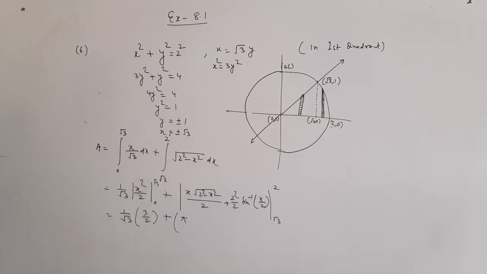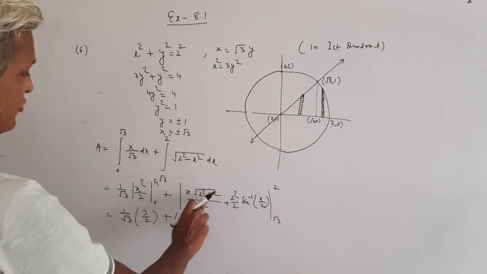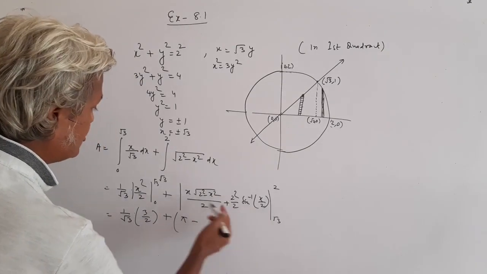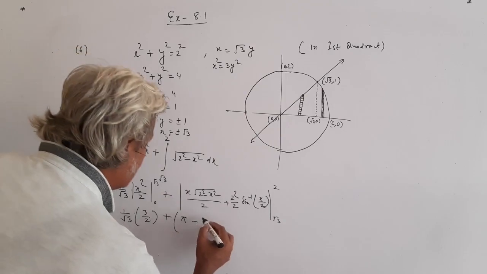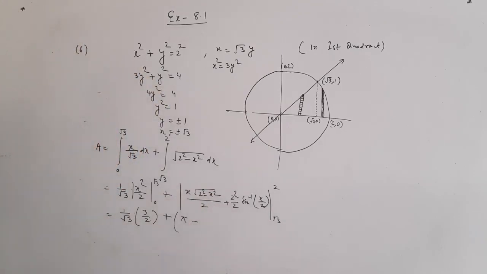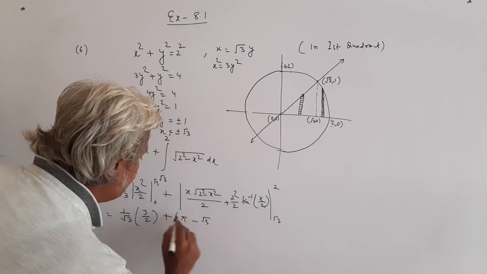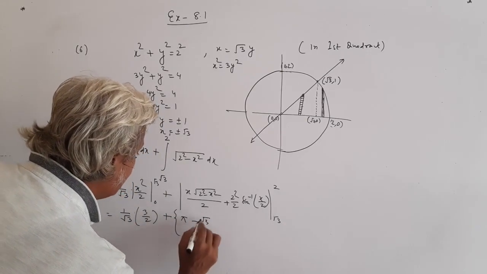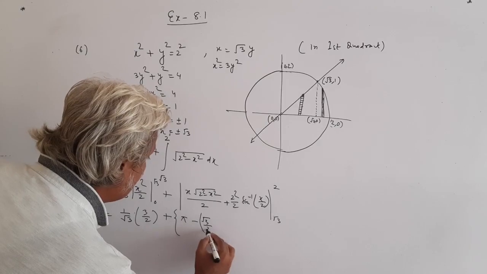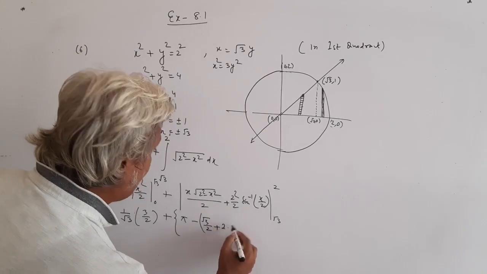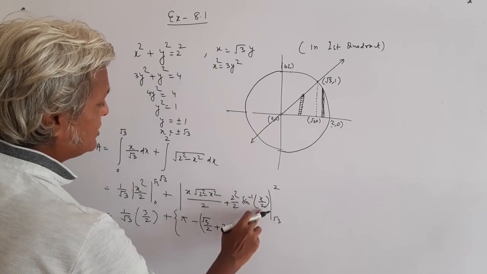Now for this part, if I put the root 3 here, then what do you get? So this is pi minus, root 3 means x is root 3 and this is 1. So this is root 3, I make this as curly bracket and then I write root 3 by 2 plus 2 times sine inverse root 3 by 2.